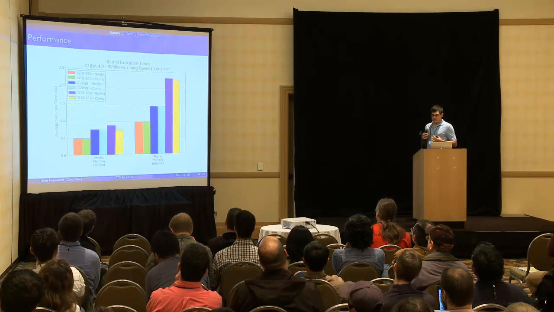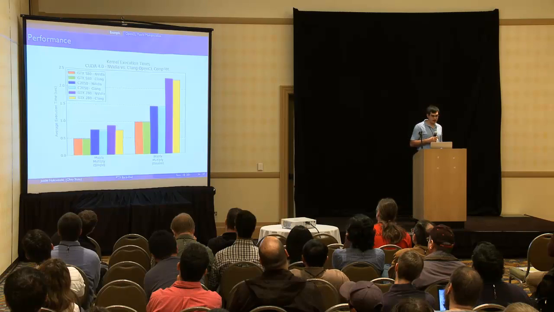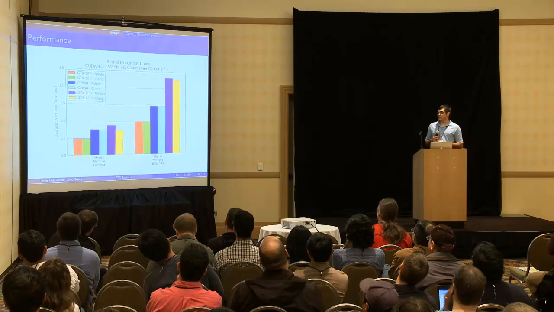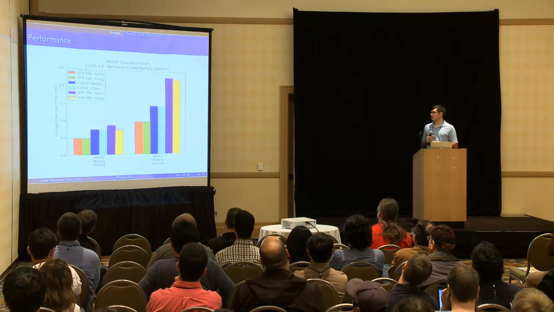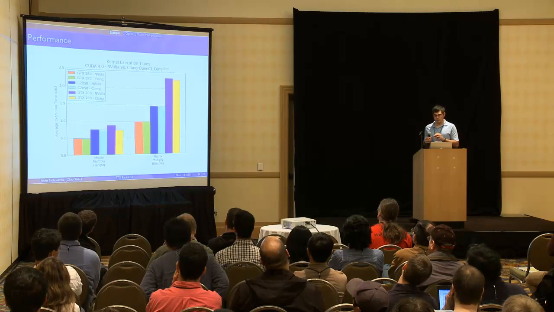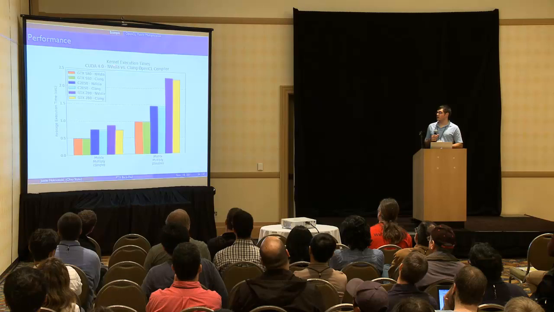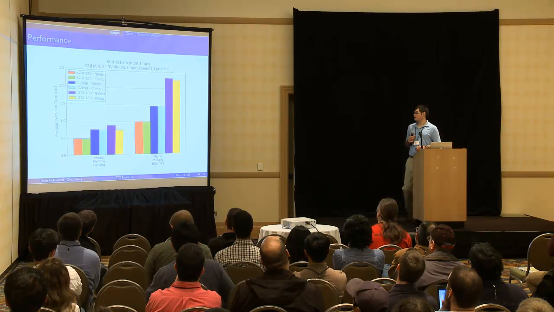Now, of course, no presentation would be complete without some actual numbers. So if we take this particular kernel and look at it on 3 different NVIDIA devices, and look at the performance of the OpenCL kernel over multiple iterations, for CUDA 4.0, the NVIDIA OpenCL compiler and the Clang OpenCL compiler using the PTX backend.